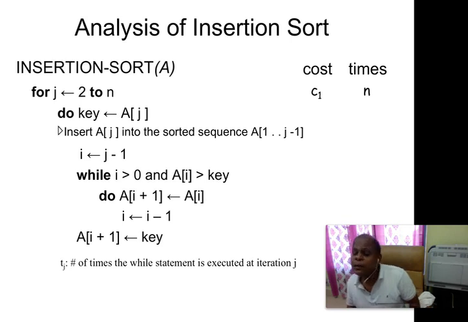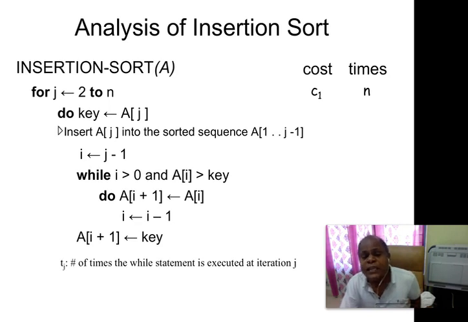So the for loop condition will run n times, out of which n minus 1 times it is true, meaning n minus 1 times the control will enter inside the for loop, and the last time it will come out of the for loop.